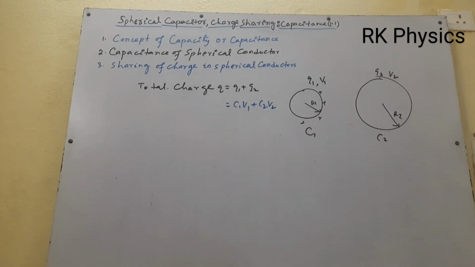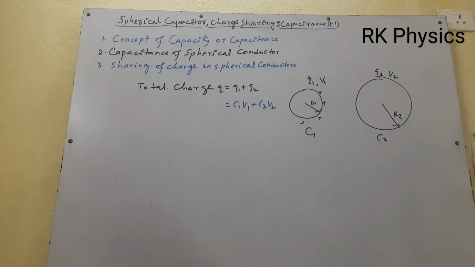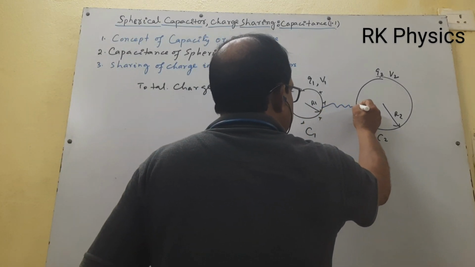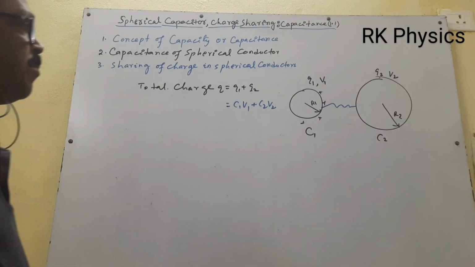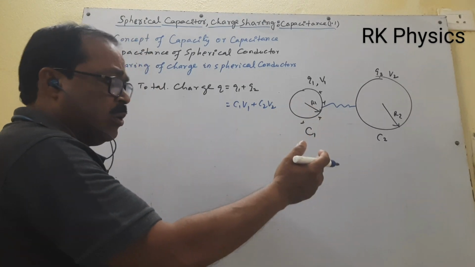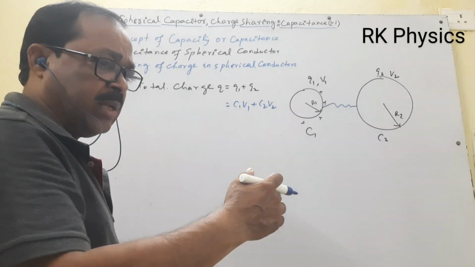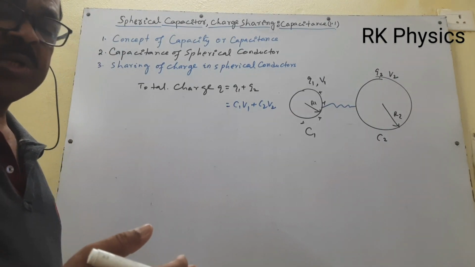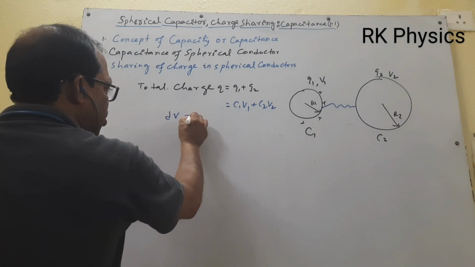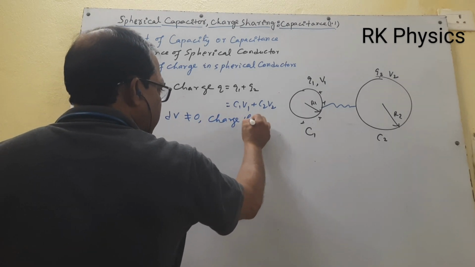Now you connect both the two conductors by means of a conductor. If they are connected by a conductor, then charge flows from one conductor to the other if the potential of one is larger than that of the other. That means if the potential difference is not equal to 0, then charge flows.